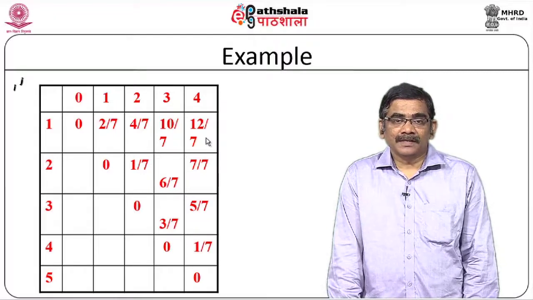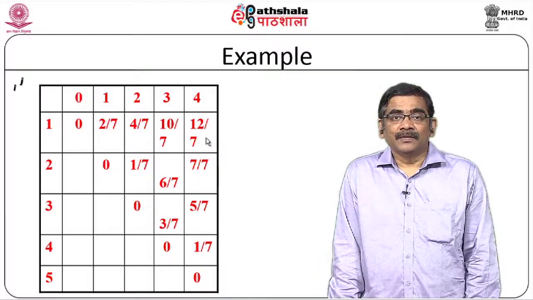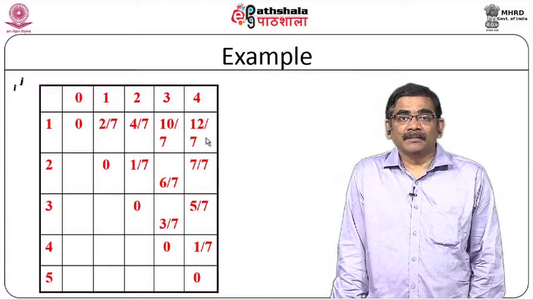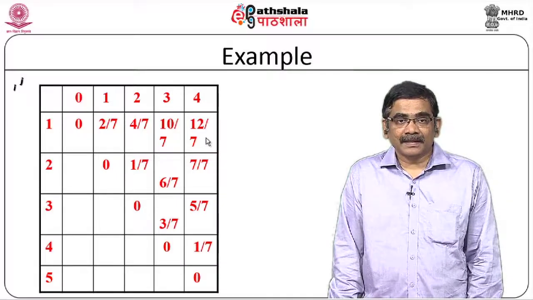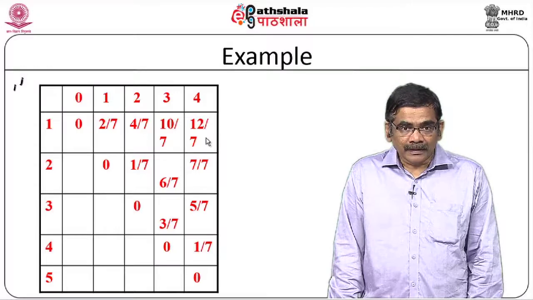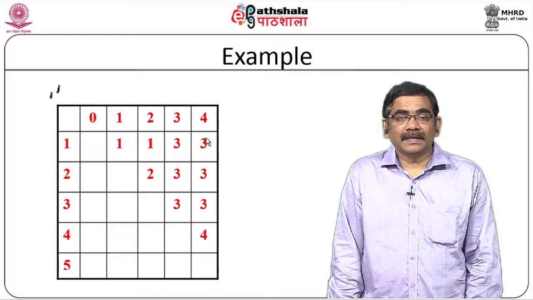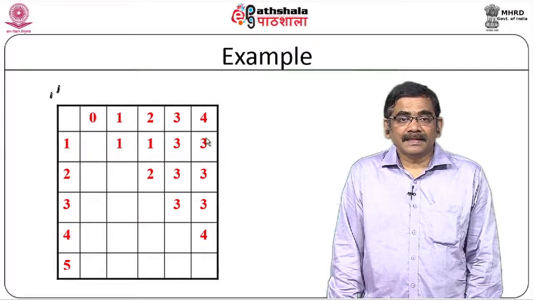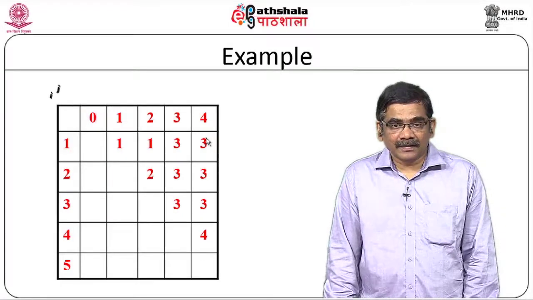Whenever we try out all these possibilities, we find the minimum k and enter it into the table. So, this is a table where all these minimum k are recorded.